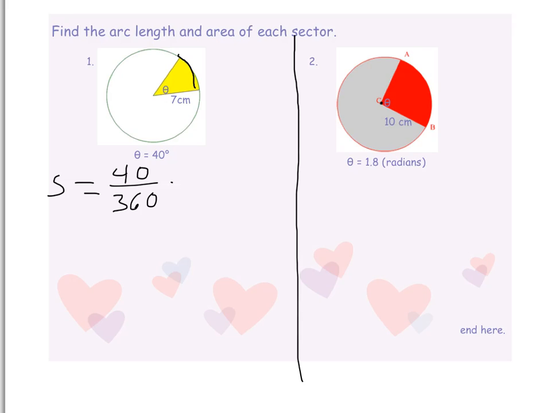Relative to the whole circumference, which would be 2 times pi times the radius, which is 7. Okay? I could throw all of this in my calculator at once if I wanted to, to get that arc length, which is 4.89 centimeters. That's rounded to the nearest hundredth.